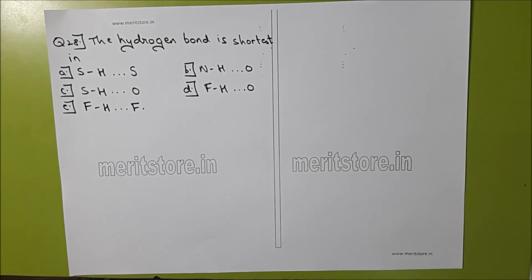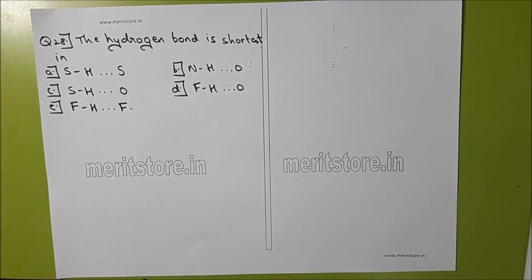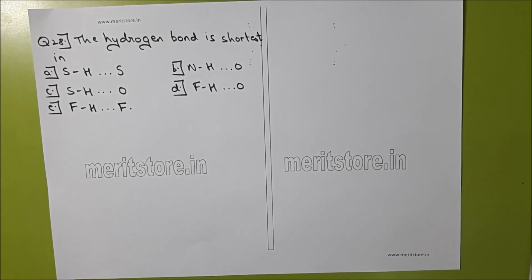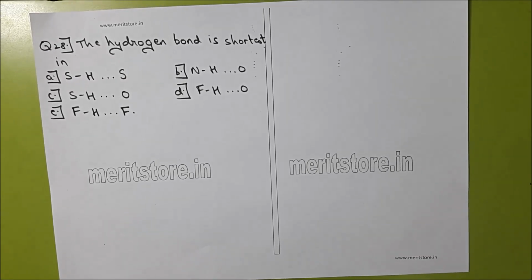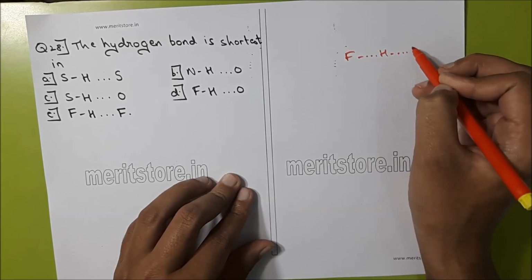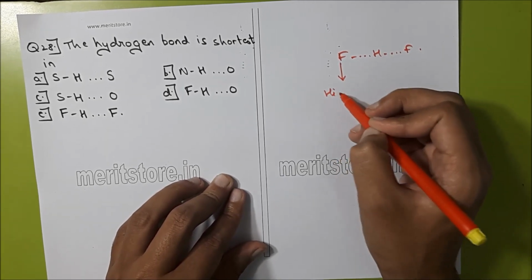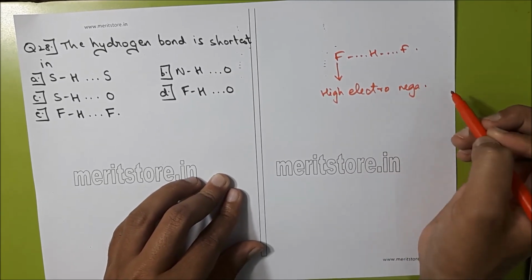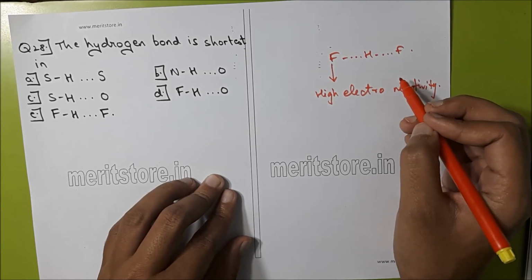Number 28. The hydrogen bond is shortest in A sulfur hydrogen bond, B nitrogen hydrogen oxygen bond, C sulfur hydrogen oxygen bond, D fluorine hydrogen oxygen bond, and E fluorine hydrogen fluorine bond. Okay, for the strongest hydrogen bond we need fluorine hydrogen bond, and it is also the shortest because fluorine has high electronegativity, and hydrogen is highly electropositive.